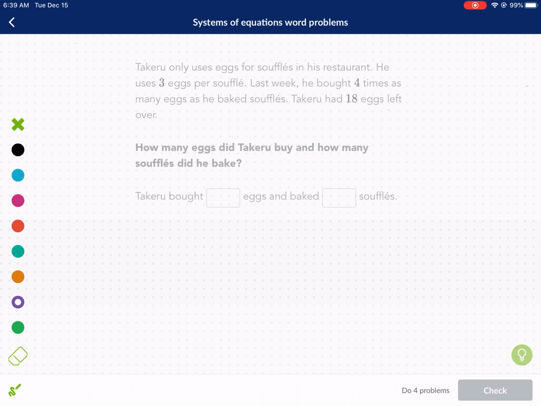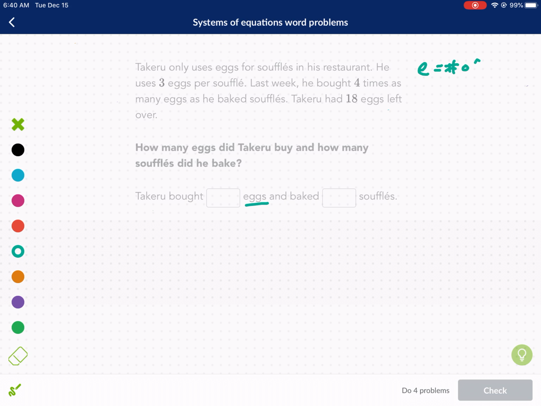Now, the first thing that we're going to do, kind of with that breakdown aside, is we have to define which variables we're looking for and what we're trying to find in the problem. So we have here that Takaro bought blank eggs. So we know that eggs is going to be one of our variables, and it's talking about the number of eggs.